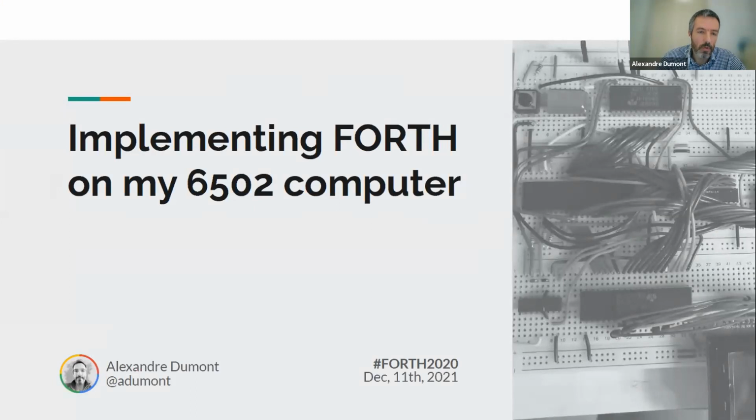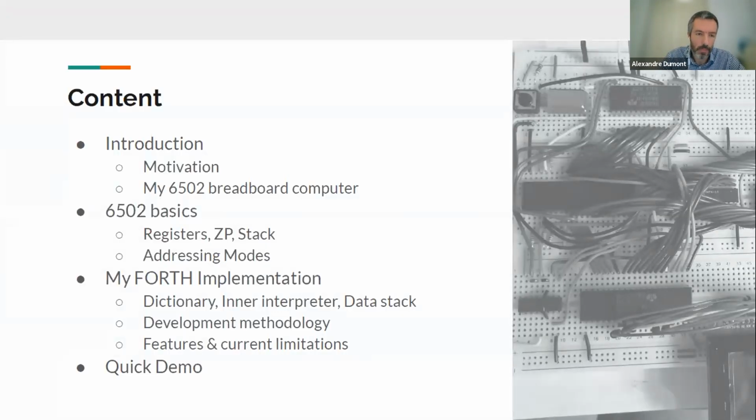I'm Alex Dumont. I'm going to talk about how I implemented my own version of Forth on my 6502 breadboard computer. So this is more or less the overview of the presentation. First, I will give a small introduction of my motivation, some background, and I will present an overview of the 6502 breadboard computer I have built.